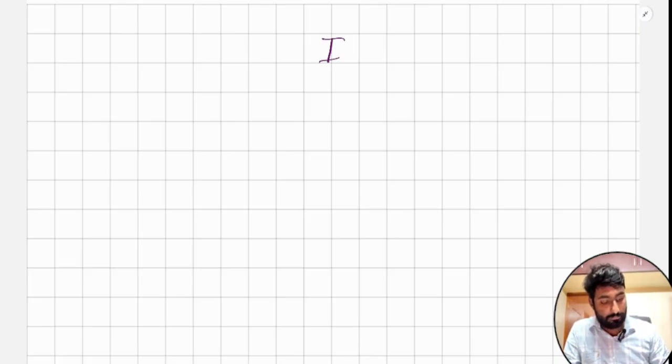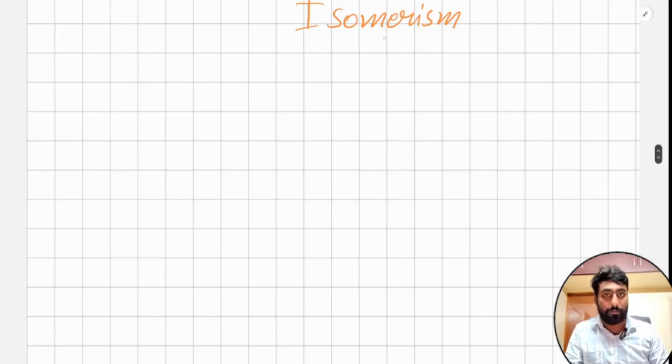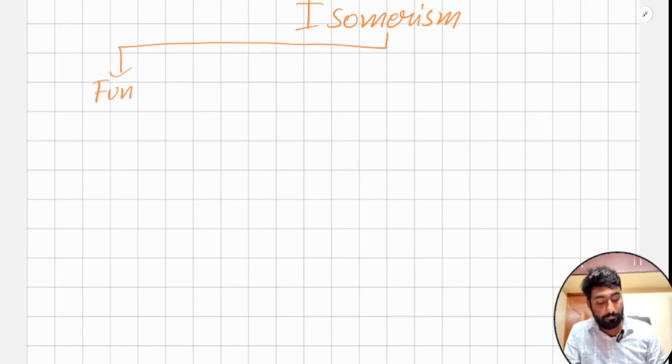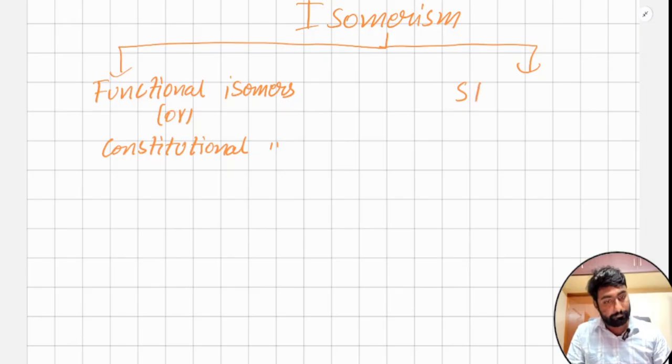Isomerism in carbohydrates, particularly monosaccharides, is of two types. One is your functional isomers or constitutional isomers, and another is stereoisomerism.